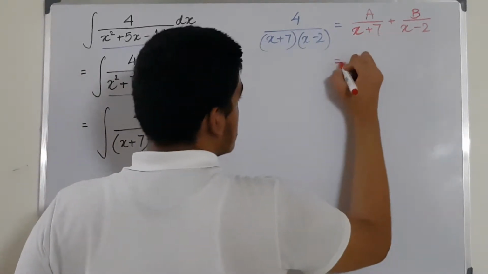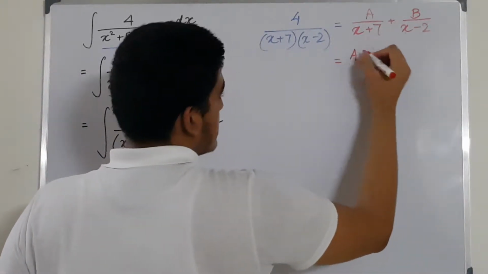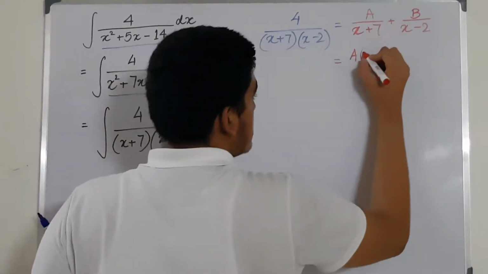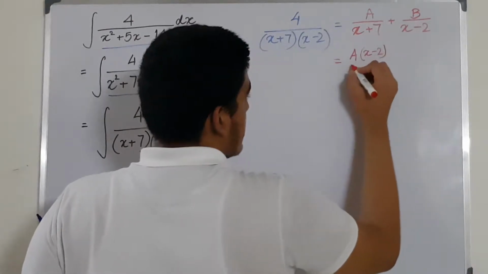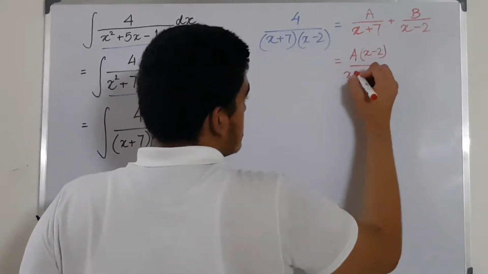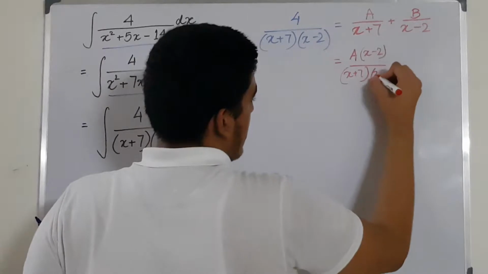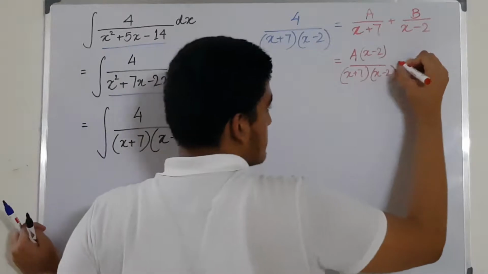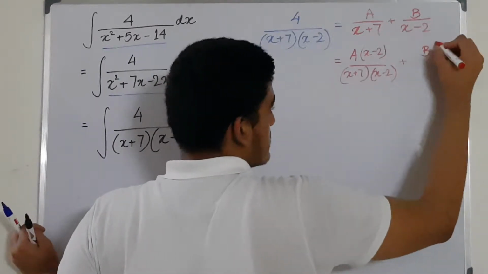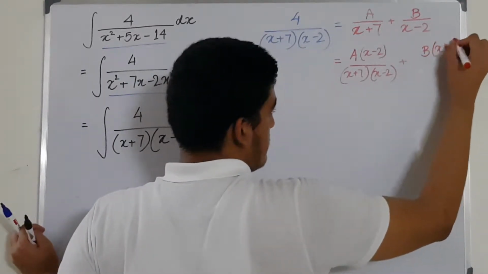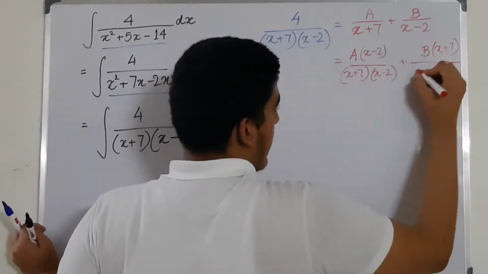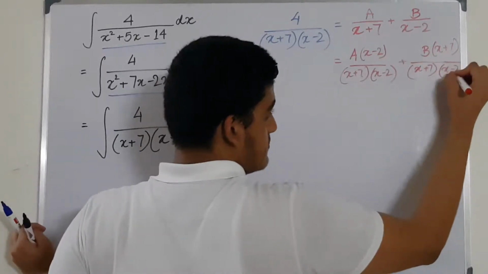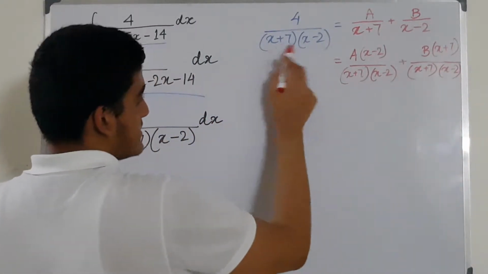I will multiply x minus 2 in the numerator and the denominator in the first expression, and I will multiply x plus 7 in the numerator and the denominator of the second expression. So I have the same denominators, which is essentially the same as these denominators.